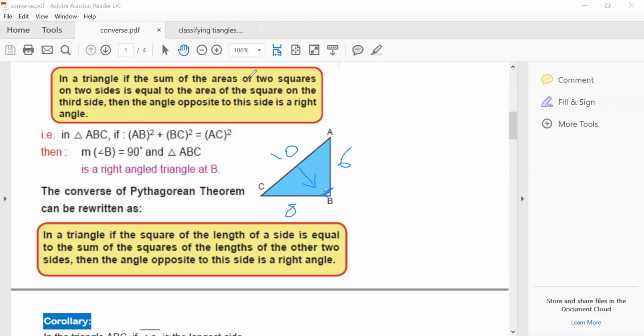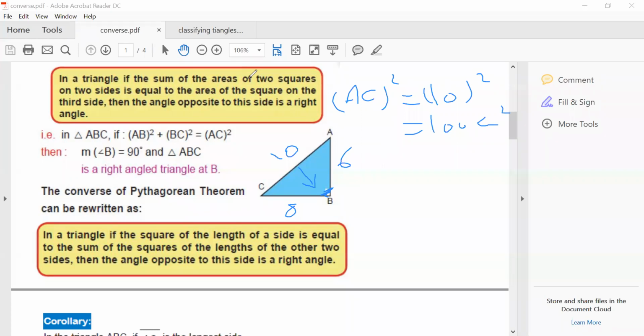So I will say what? I will say AC squared. Suppose that the converse of Pythagoras says the square drawn on the longest side is equal to the sum of the squares drawn on the other 2 sides. So AC squared equals 10 squared, which is 100 centimeters squared.